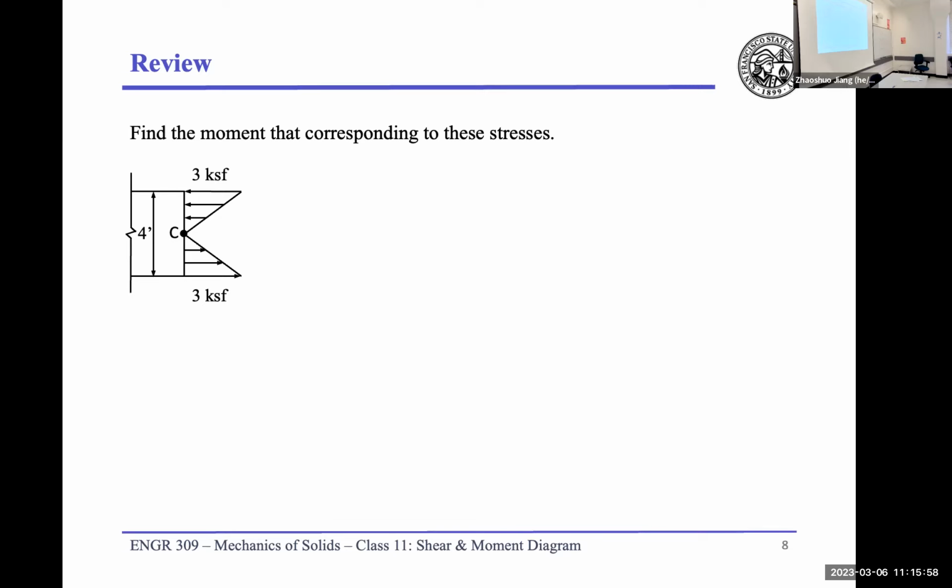What is its magnitude? It's like q times L divided by 2. For this one, we have 3 kip per square foot, and the height here is 4. Therefore, the equivalent point load is going to be 4 times 3 divided by 2.